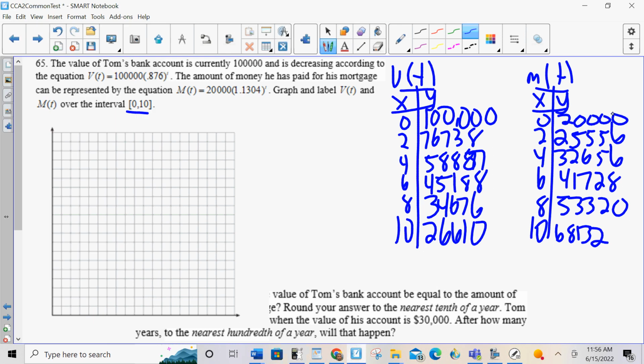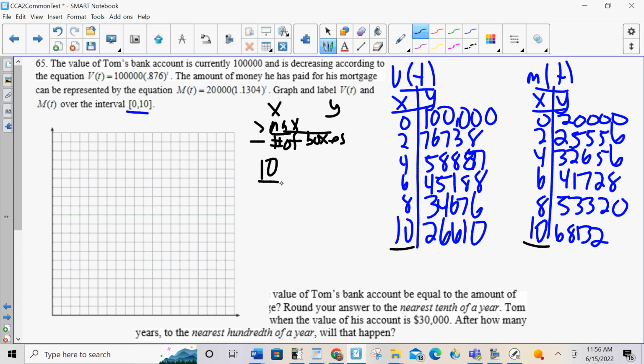Now I need a scale. I'm going to do it for x and for y. Your scale is greater than or equal to your max divided by your number of boxes, and that applies for both of them. So for my x, the highest x value I have is 10.